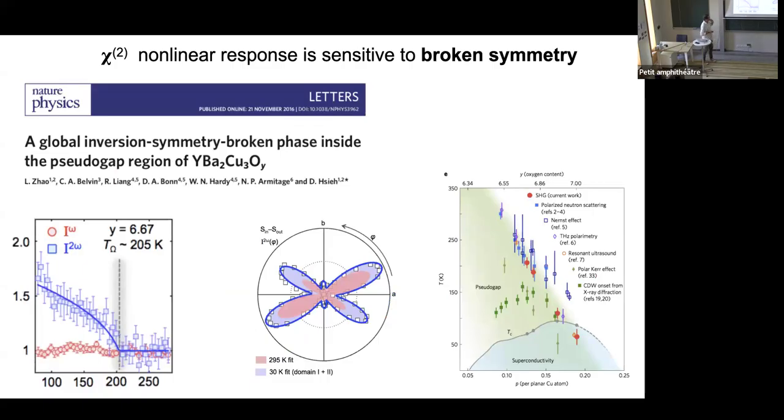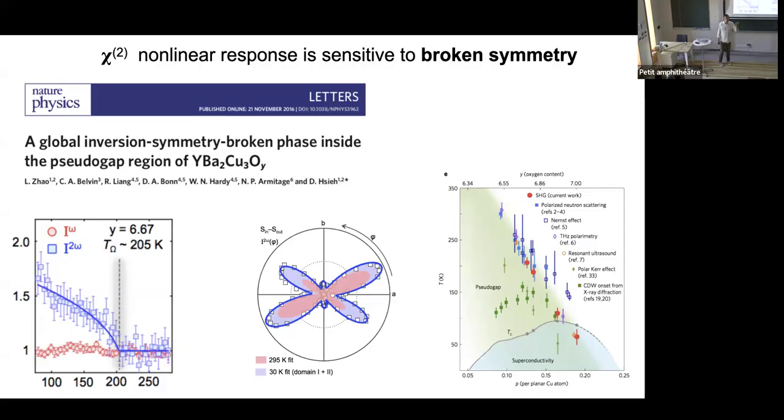In this particular study, which we did some years ago, primarily coming out of Dave Shea's group, but I was a little bit involved, we showed that the pseudogap regime of the cuprates was bounded by a line where there was a sharp onset in the Chi2 signal.